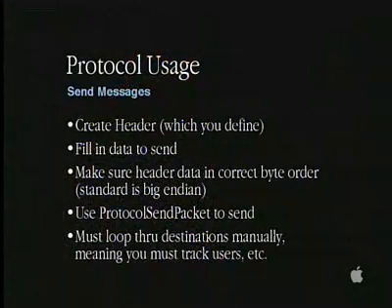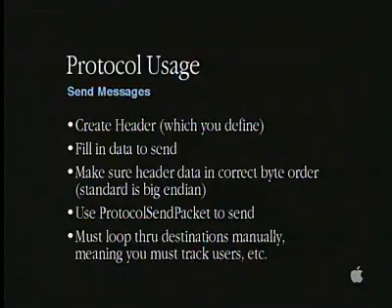Sending messages with the protocol API is a little bit different in that you have to do everything yourself. All you have is an endpoint to another computer. So when you're going to send information, you need to create the header yourself, and that header needs to have all the information you need in order to send and receive that message. The length of the message may be important, it may not.